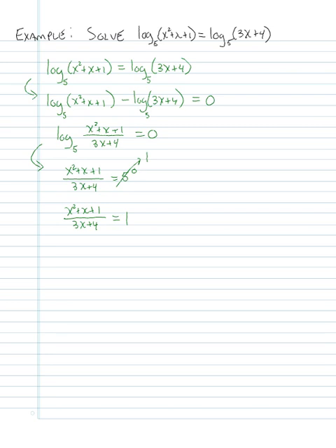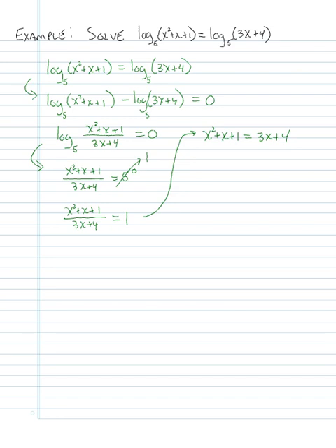Well, to solve that, I'm going to come up here because I want this space at the end to show you a comparative way. So we would multiply both sides by 3x plus 4, wouldn't we? I'm skipping a step there, but we'd have only x squared plus x plus 1 on the left side, and on the right side we'd end up with 3x plus 4.